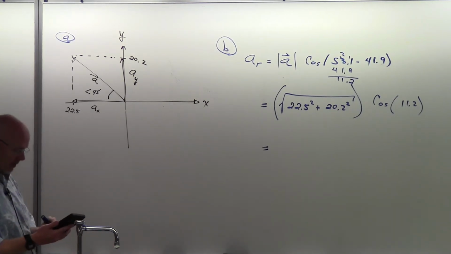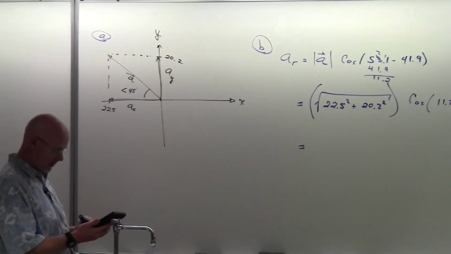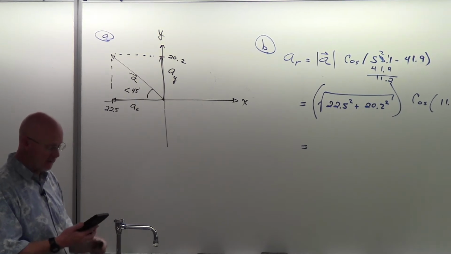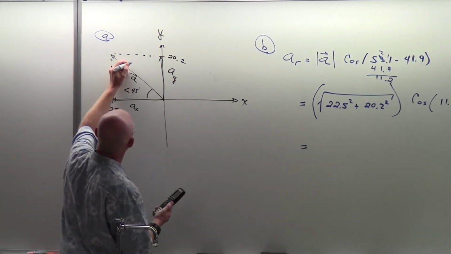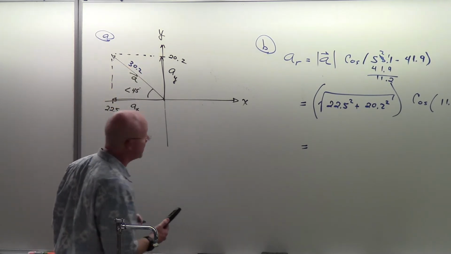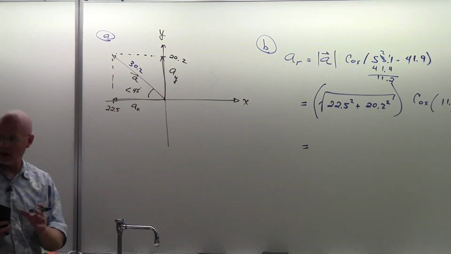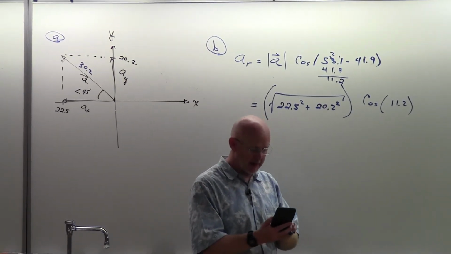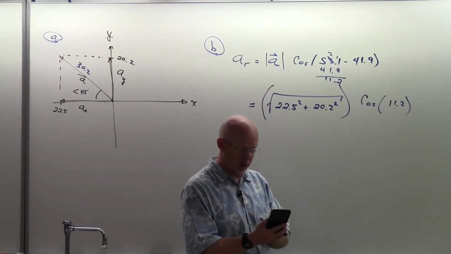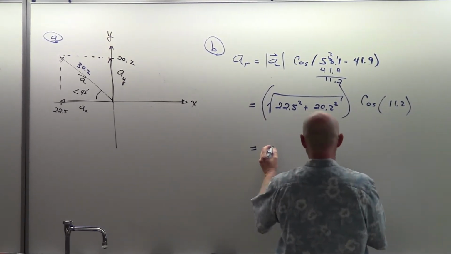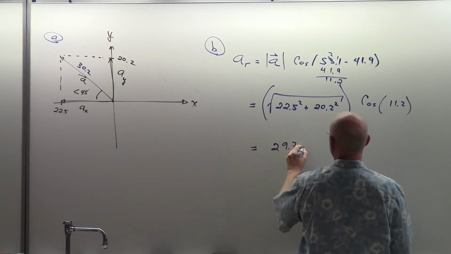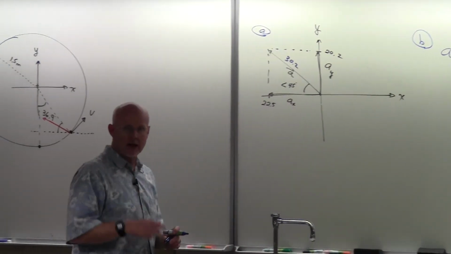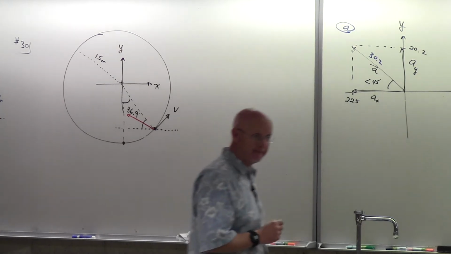All right, so 22.5 squared added to 20.2 squared, taking the square root of all of that, gives me a magnitude of 30.2. And just in case I need it later on, I'm going to put it in this diagram. 30.2 is the total magnitude of the acceleration vector. Then if I multiply that by the cosine of 11.2 degrees, I get 29.7 meters per second squared in the radial direction. And so there's B.